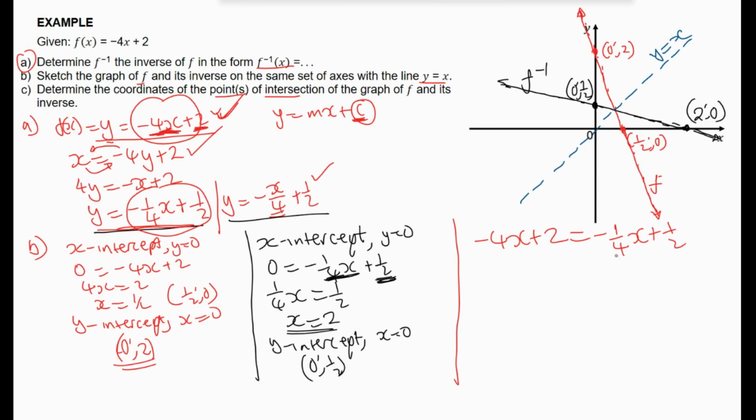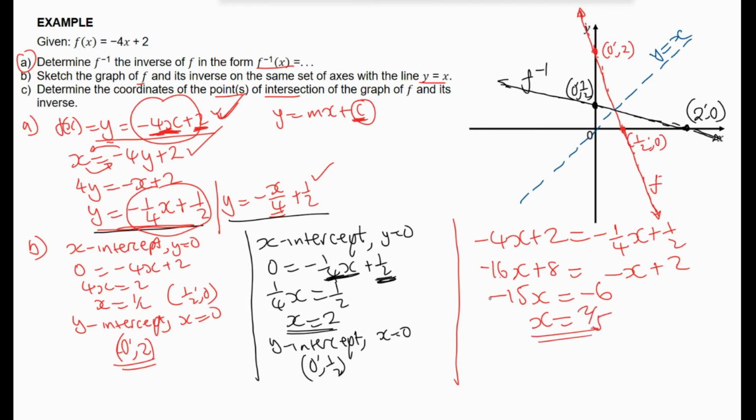They are equal at the point of intersection, which is this point here. Let's multiply everything by 4 to get rid of these denominators. -16x + 8 = -x + 2. Then -16x + x, that is -15x, equals 2 - 8, that will be -6. Then we divide by -15 on both sides of the equation. x is going to be 2/5.